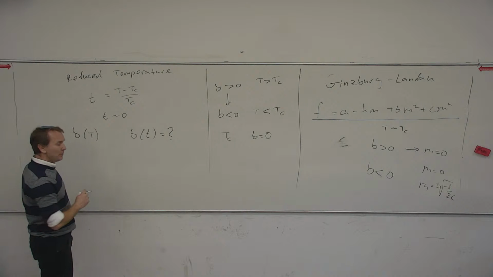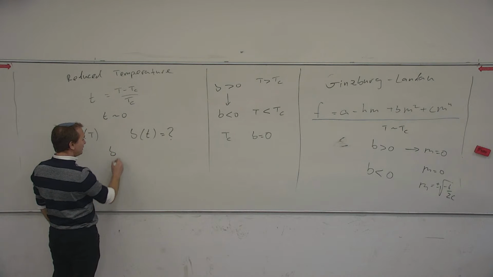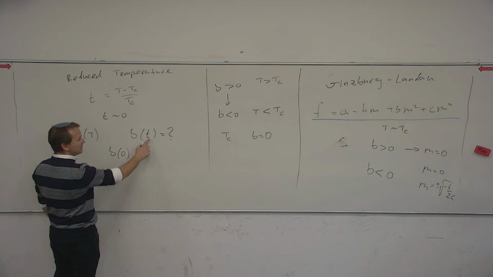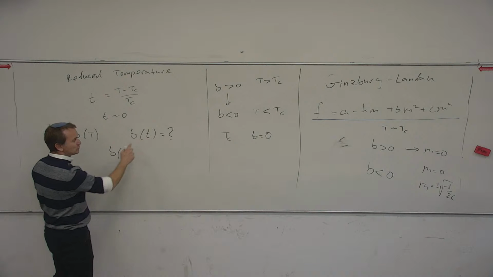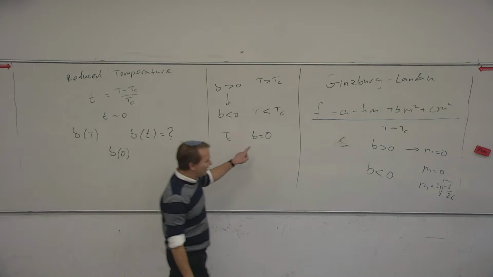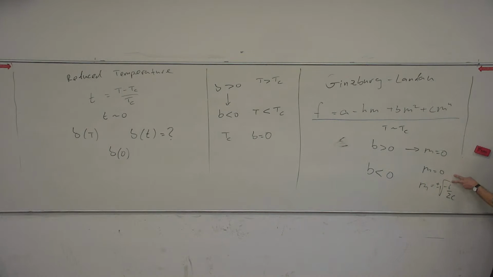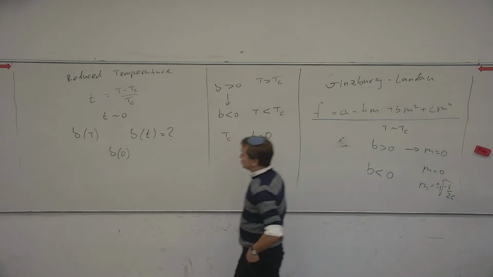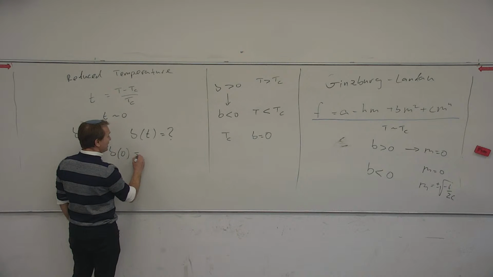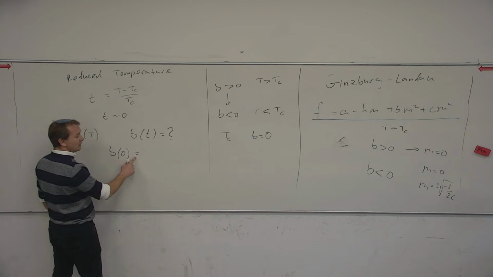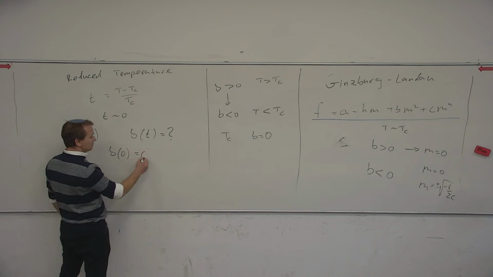So what we know is that B at t equal to 0, when the reduced temperature equals 0, we are exactly at the transition. Why? Because exactly when B equals 0, we have two additional solutions that pop out of nowhere. Okay. So those are the two solutions. So we know that B equals 0 exactly at t equal to 0.